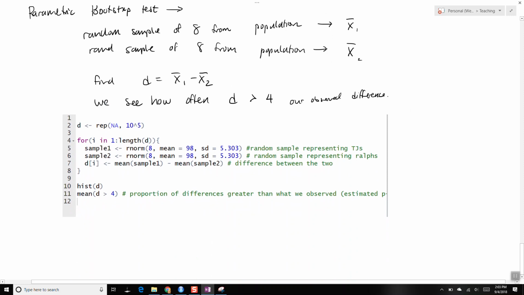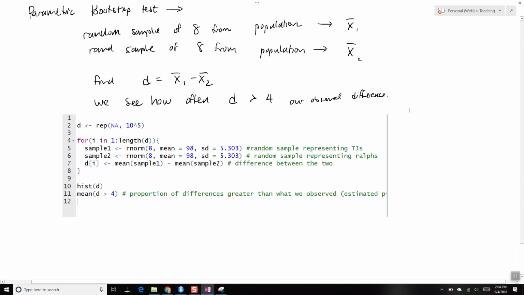Right. It's risky. There's serious shortcomings of this because here we are assuming that the population has a normal distribution, and that could be a dangerous assumption.